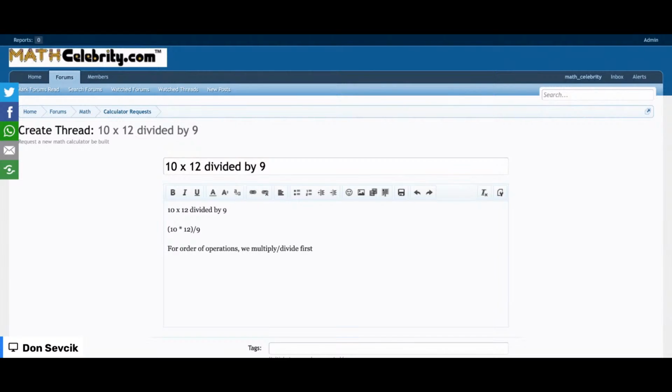So we could do 120 divided by 9 or 108 divided by 10. Oh no, those are different. Wait. 12 divided by 9 times 10.